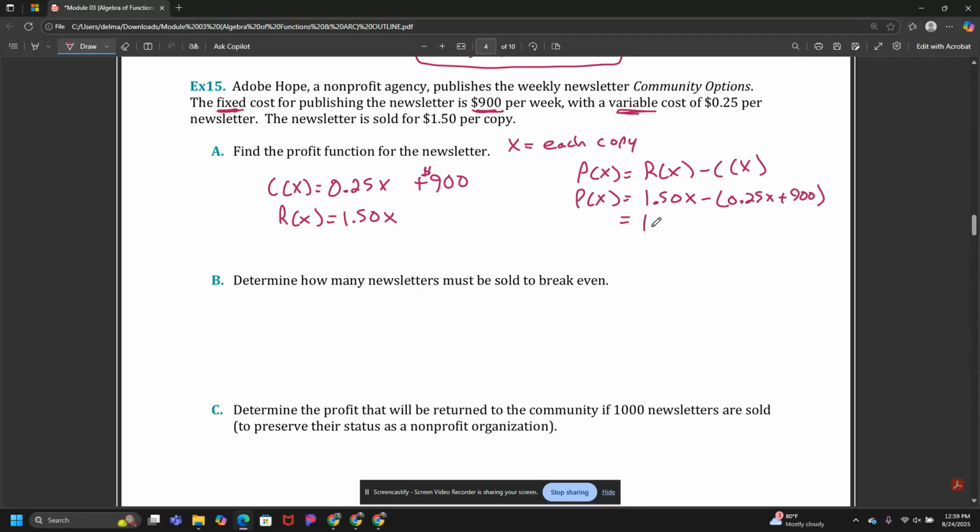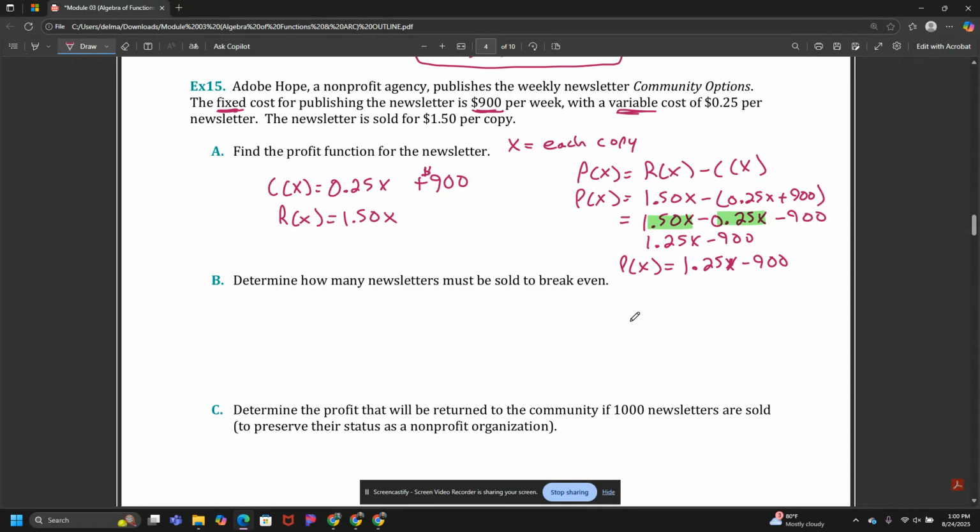So let's simplify this up. Let's distribute that negative sign. And then I can combine, let's see if it wants to let us highlight or not. I can combine these two since they both have x. That'll leave me with $1.25x minus 900. So the profit function is 1.25x minus 900.